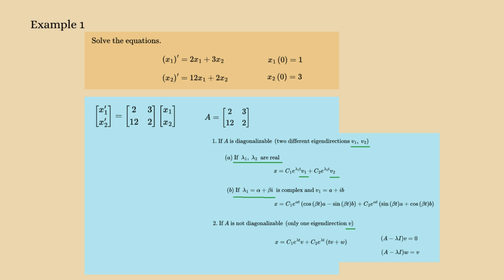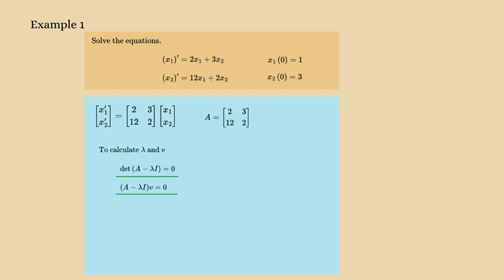To calculate lambda and v, we will use two equations, determinant of A minus lambda I equals 0 and A minus lambda I times v equals 0.